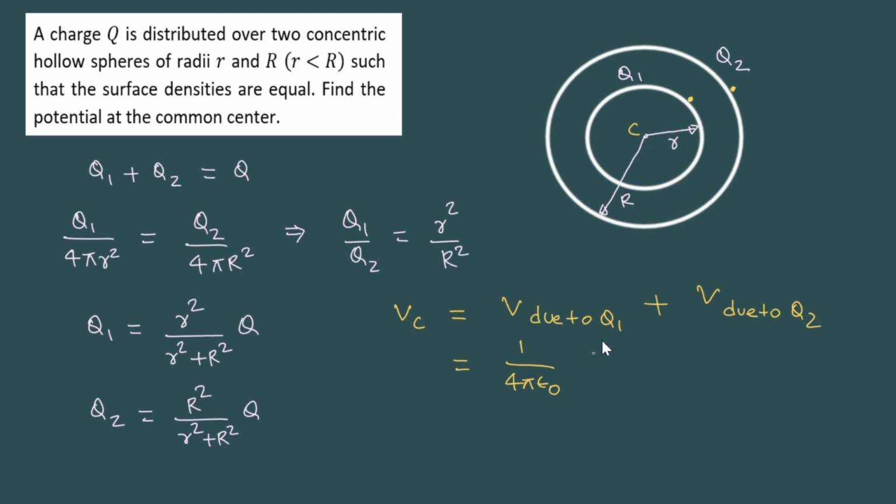So we can write Q1 by small r. And for the potential due to Q2, whatever potential Q2 generates at a point outside it, you'll have the same potential at the common center. So it is 1 by 4 pi epsilon naught Q2 by capital R.